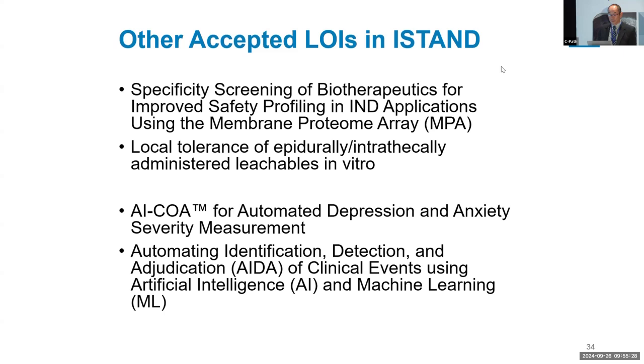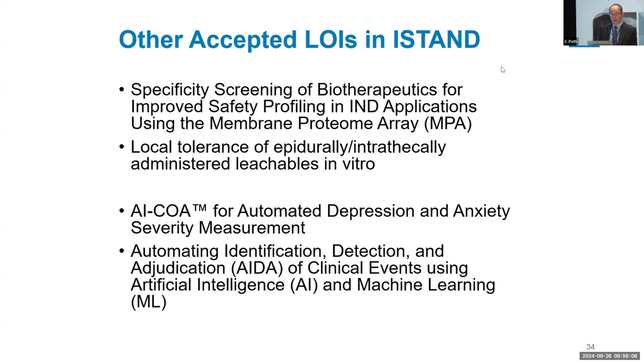The second one is assessment of toxicity for the leachables for epidural or intrathecal administration. These are very localized toxicities coming off from packaging of the drugs, containers of the drugs, and typically these experiments are done in mice or rats, but again, they have limitations, and this collection of in vitro assays will be able to overcome these shortcomings.